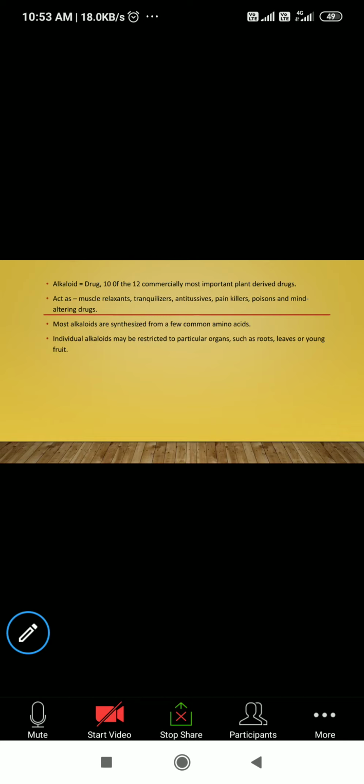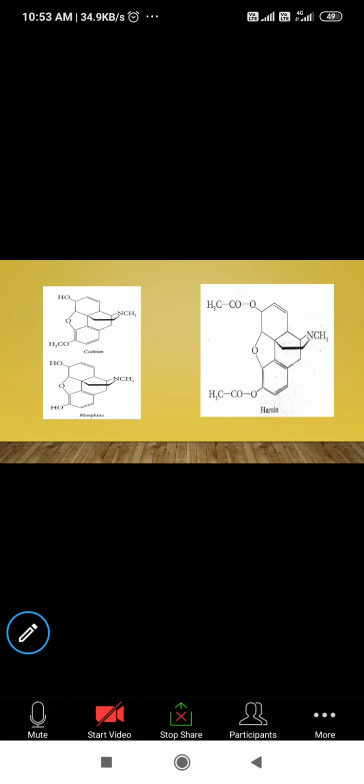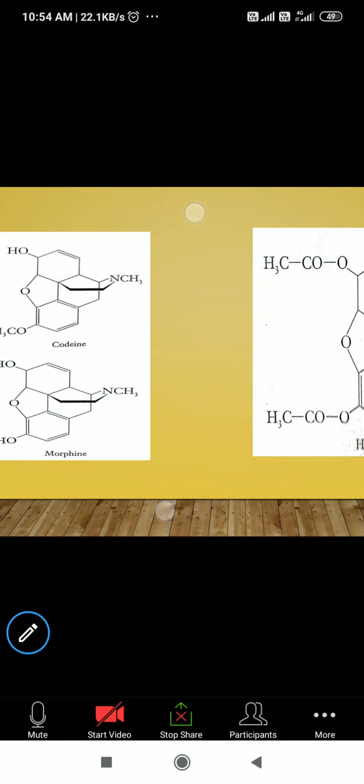Opium is a latex gum which contains 20 different types of alkaloids. It doesn't have a single alkaloid present in it, but 20 different ones, like morphine, codeine, and papaverine. These are three different alkaloids present in opium.